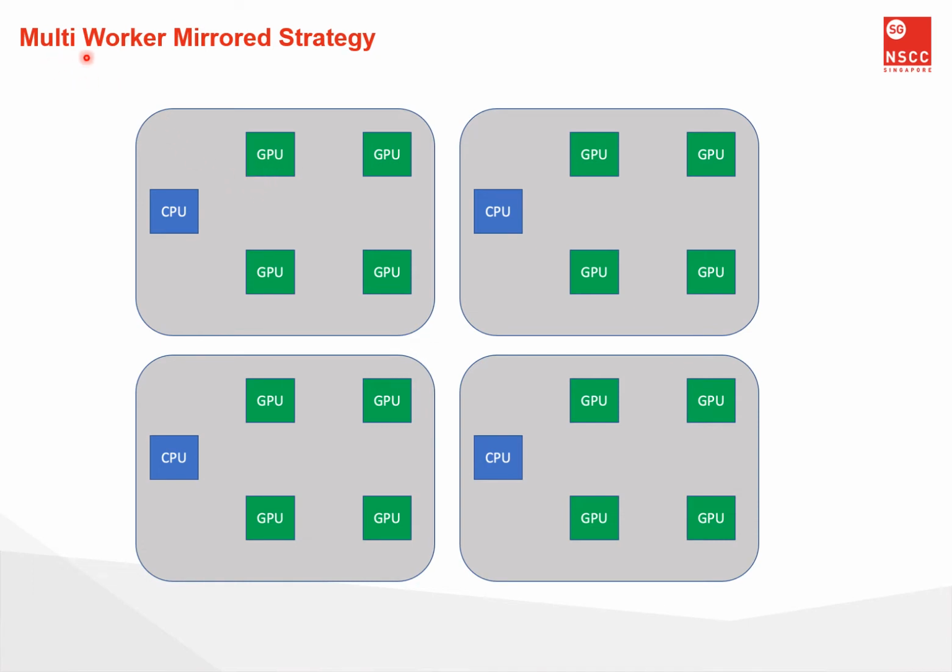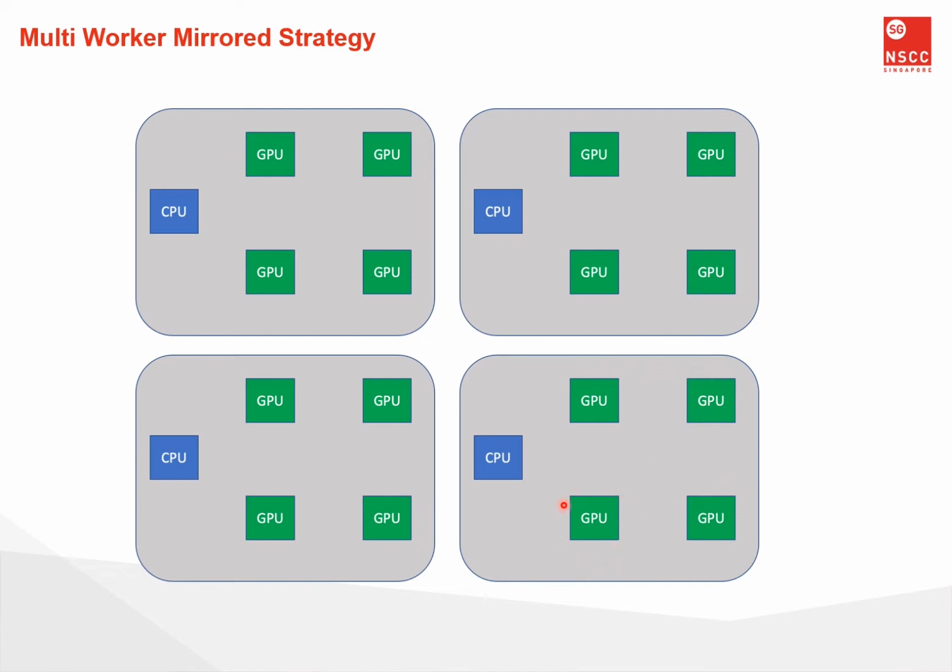Even in this complicated case, it is still a mirrored strategy. So the model has to be replicated in each of the GPUs. Each of the GPUs will have one copy of the model and will be training on part of the training data. So there's a big speed up because we have many more computational resources available to do the weights update.